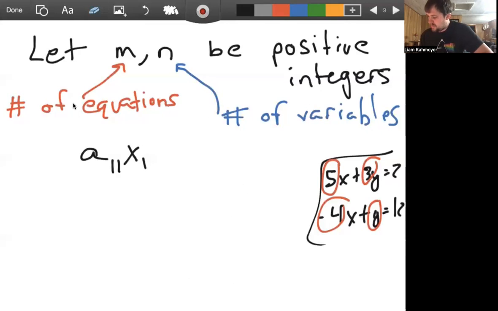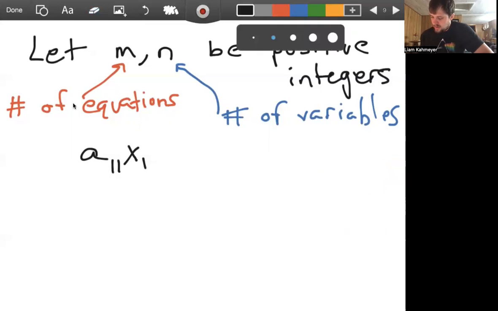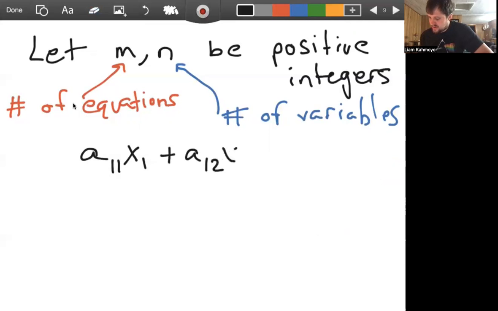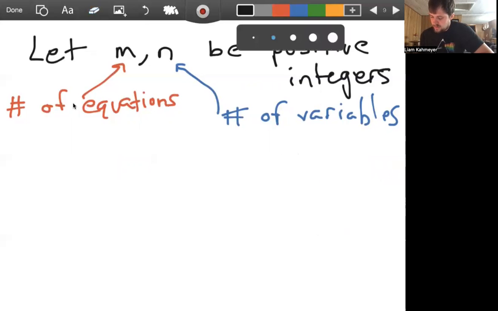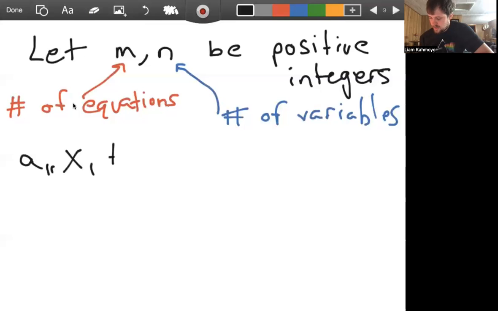So give myself some room. Let's say the first equation is a11 x1 plus a12 x2 plus et cetera, plus a1n xn, because we have n variables, and we'll set this equal to a constant.